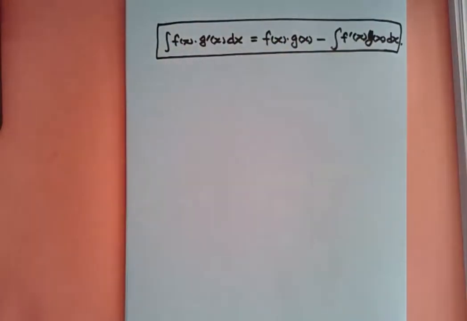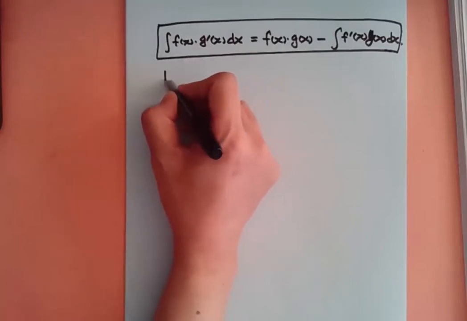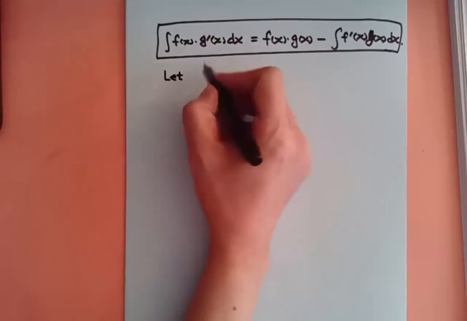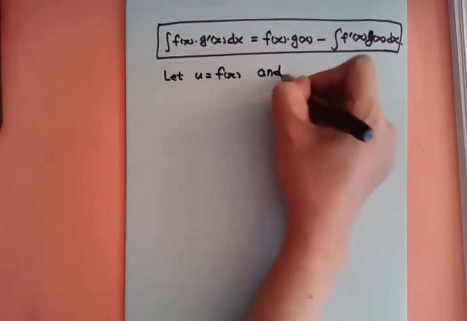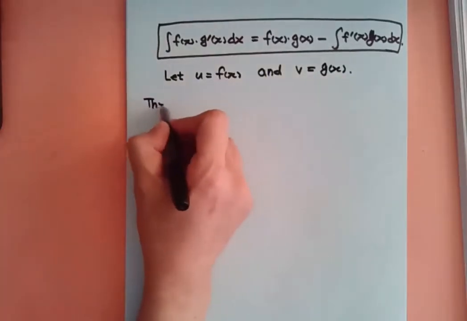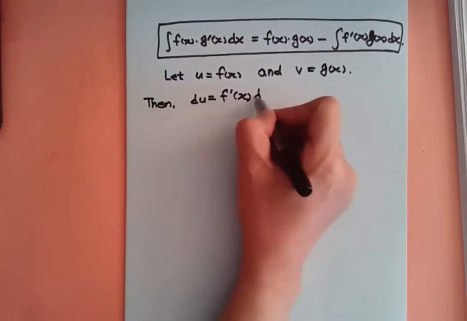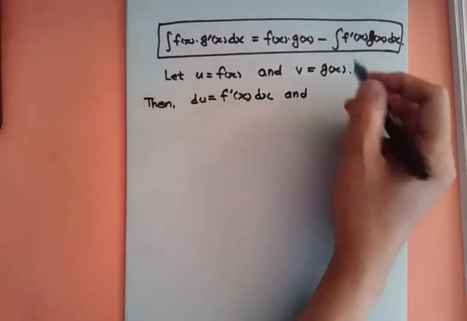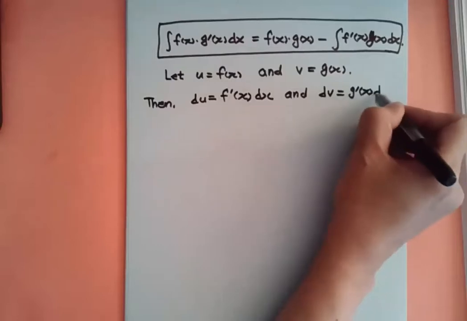If you look at the formula, it looks complicated, so I will describe a simpler version with simpler notation. To do that, let u equal f of x and v equal g of x. Then du equals f prime of x dx and dv equals g prime of x dx.